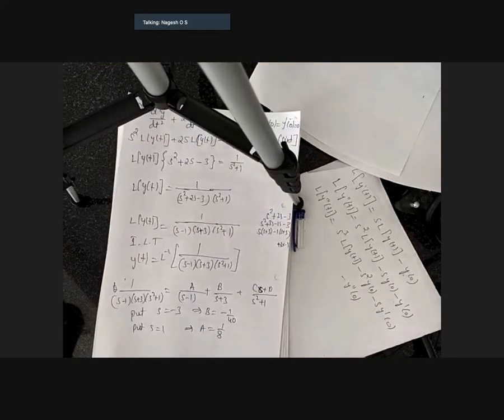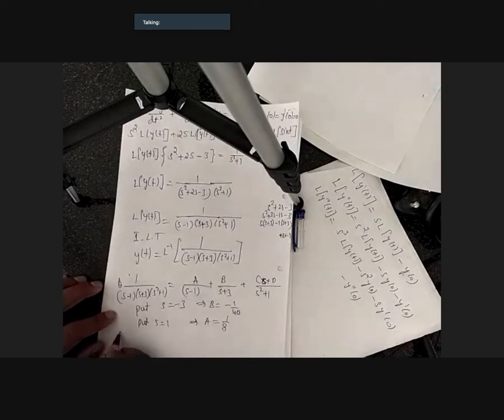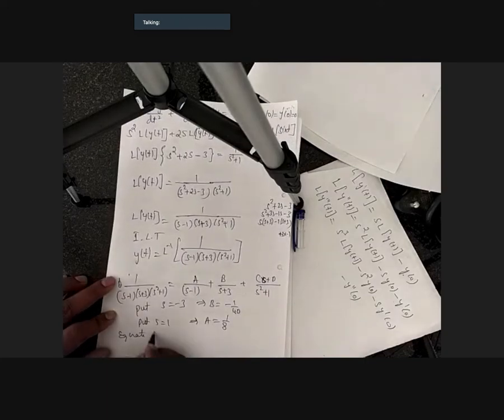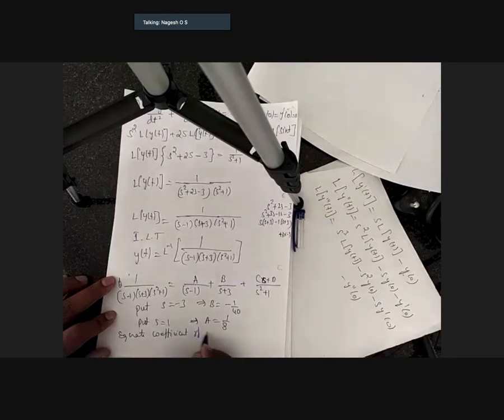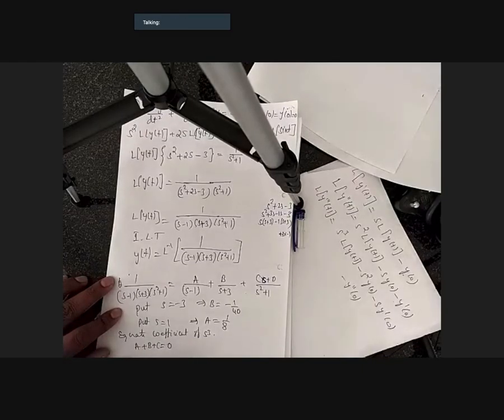Then equate the coefficients of s cube. You will get a plus b plus c equal to 0. c equal to minus a minus b, that means you will get minus 1 by 10.